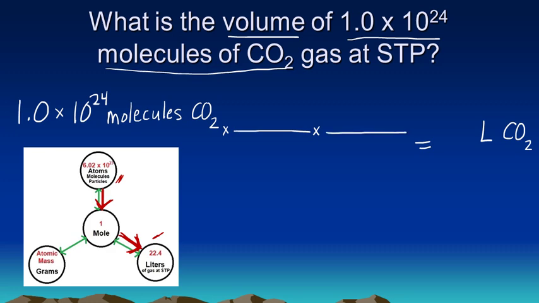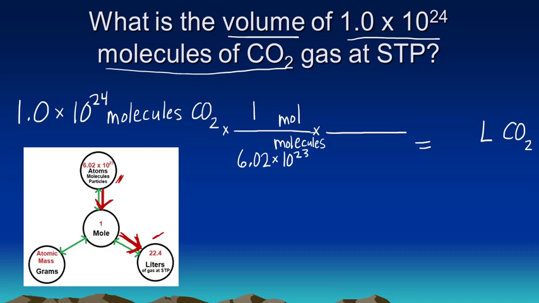In the first step, since we're starting with molecules, molecules goes on the bottom. Running out of room there. Molecules on the bottom. And since we're converting to moles, what goes on top? Moles goes on top. And we use the numbers from the diagram. There's a 1 next to mole. And then there's a 6.02 times 10 to the 23rd next to molecules.